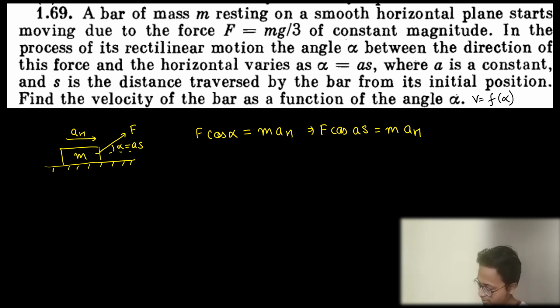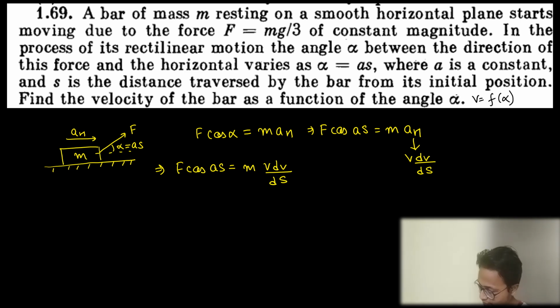Now how can acceleration be written? Acceleration can also be written as v dv by ds, where s is the distance traveled. Understood? So I write this equation as F cos as is equal to m into v dv by ds. Out here ds is there, out here as is there, we somehow have to integrate it. So let's take the constants to one side and the variables to the other side.